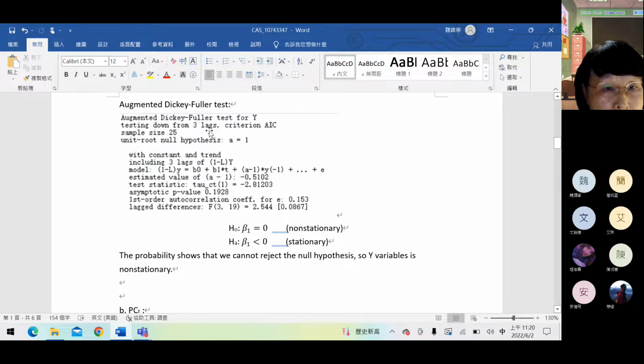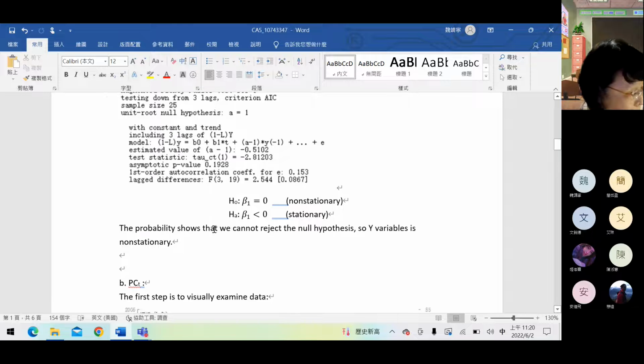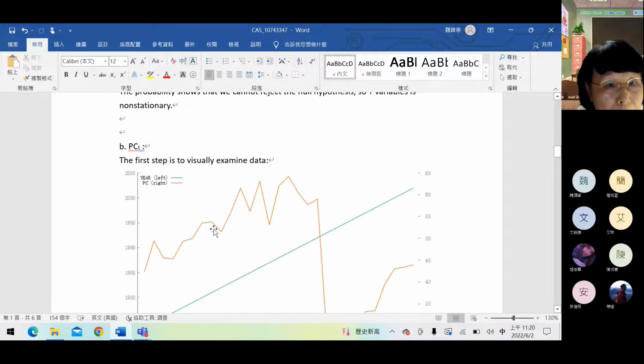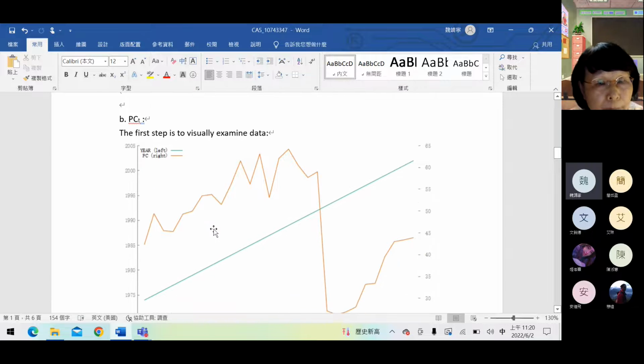The second one is constant only. The third one is constant and trend. Which version do you use? I think it's the third one. Okay, you're using the third.